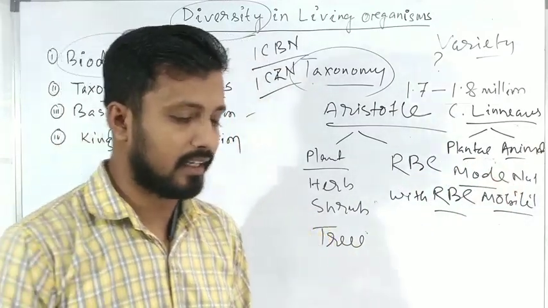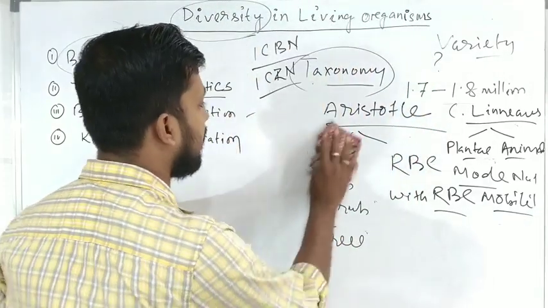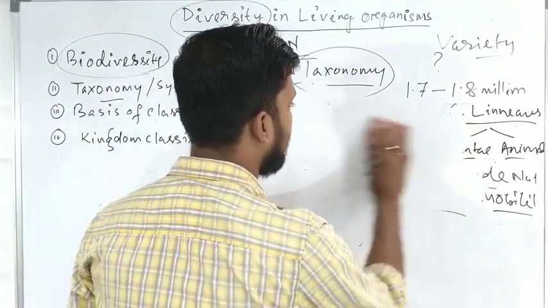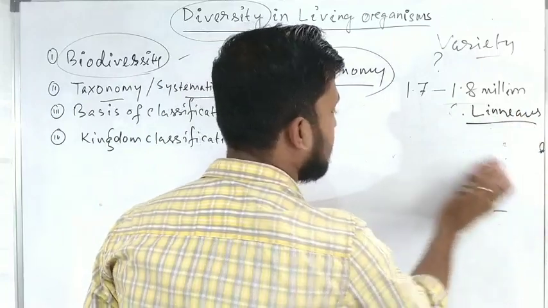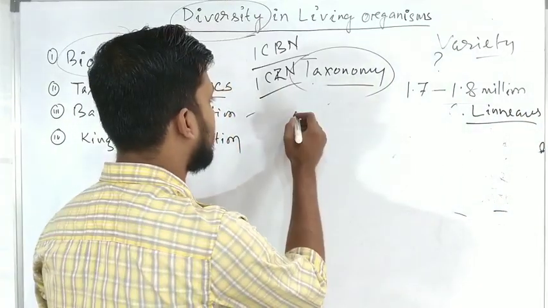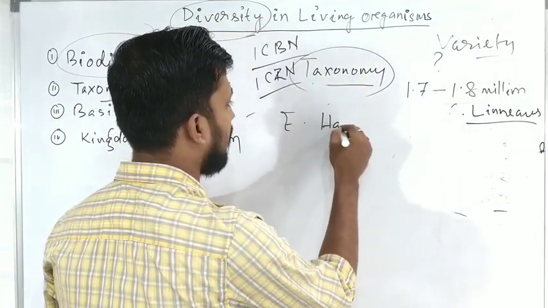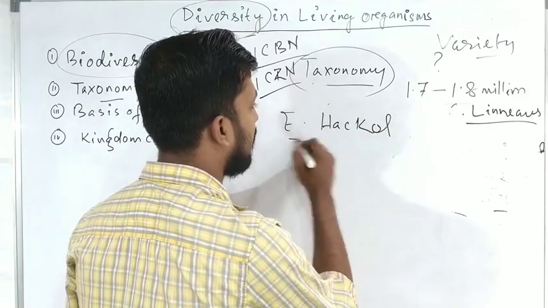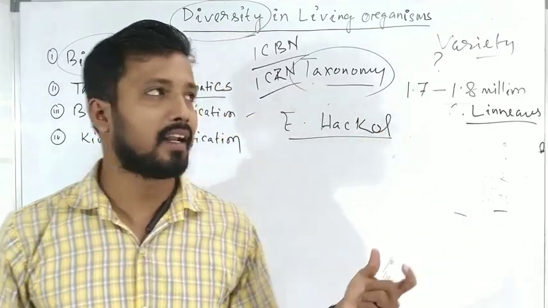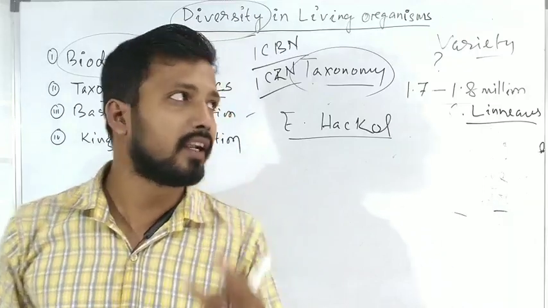Later on, one scientist named Ernst Haeckel, it is in your book, further led the classification and classified total organisms into three kingdoms.